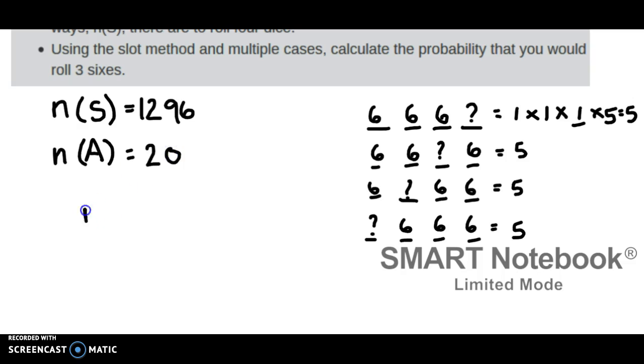So the probability that I roll 3 sixes, and I should have defined my event A, I should have said let A be the event that I roll 3 sixes, is 20 out of 1,296.